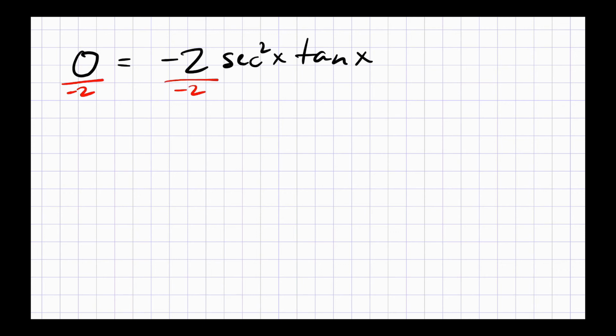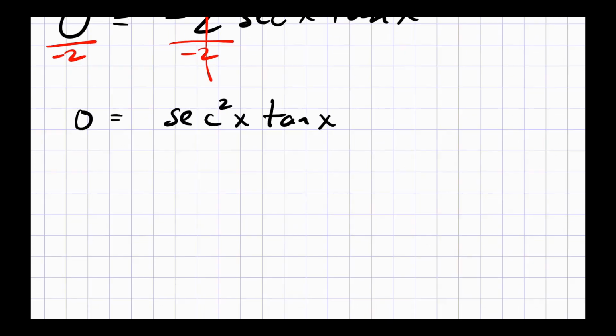Yep, divide by negative 2. That becomes a 1, and this still is 0. So now that negative 2 goes away. Okay, so I have to find a value that when I find the secant and square it, divide secant squared out.